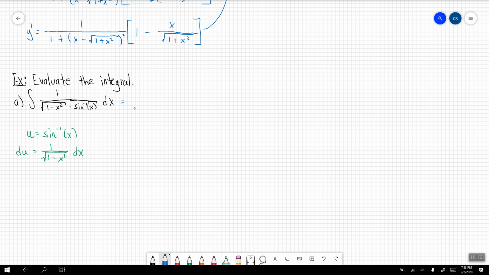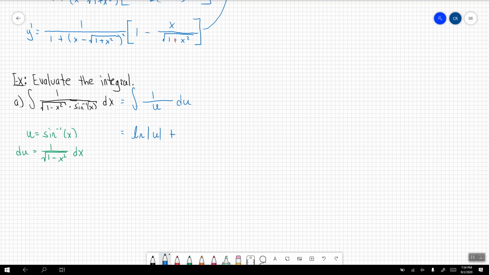So making that substitution, I now have my denominator for sine inverse, that's going to be u, and 1 over square root of 1 minus x squared dx is just du, which means all I'm doing is integrating 1 over u du. To integrate this, that's just the natural log of the absolute value of u.